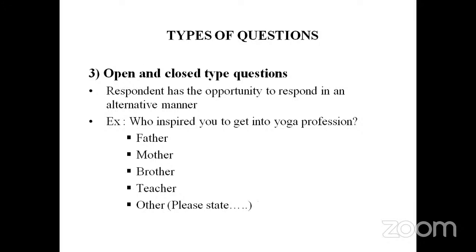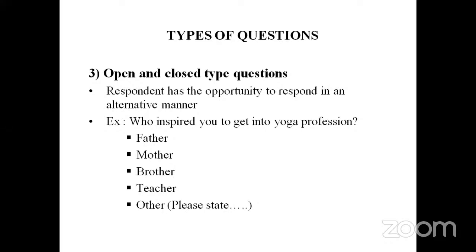The third type of question is the open and closed type. It is a combination of open and closed. The respondent has the opportunity to respond in an alternative manner, because it will have closed as well as open. For example, I have given here: who inspired you to get into the yoga profession?